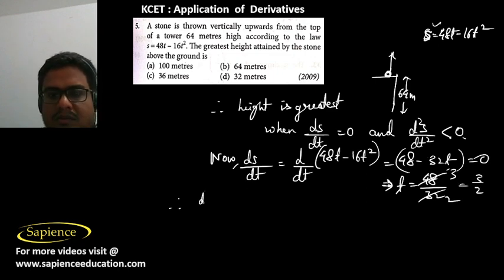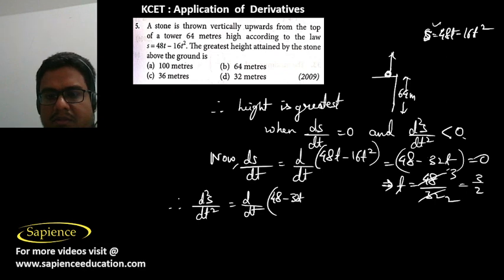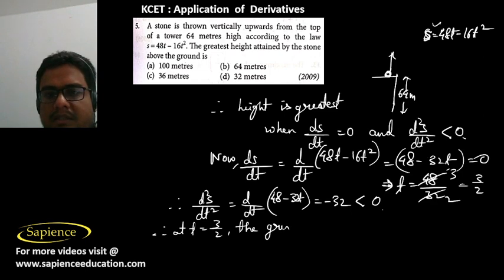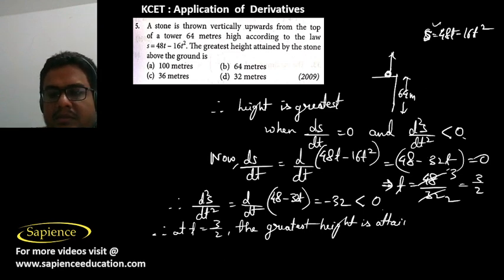Therefore, d square s by dt square, which is the derivative of ds by dt, is negative. Therefore, at t equal to 3 by 2, maximum height is attained. The greatest height is attained by the stone.